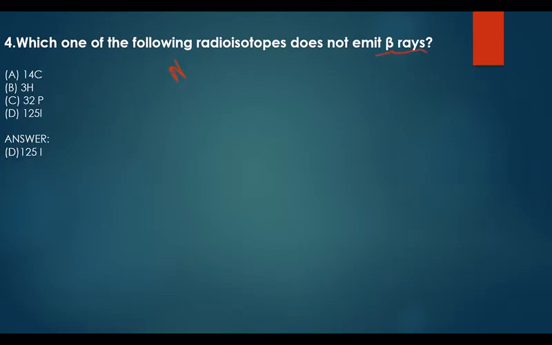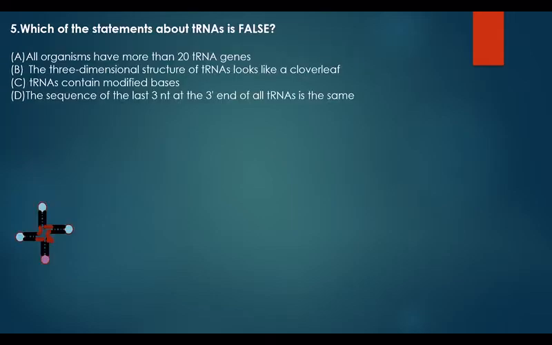Next is, which statement about tRNA is false? Now we can see the options. All organisms have more than 20 tRNA genes. It is true because nearly 22 tRNAs can be present in any organism. We have 22 amino acids, so anticodons will be present in tRNA. Next is, the three-dimensional structure of tRNA looks like a clover leaf.